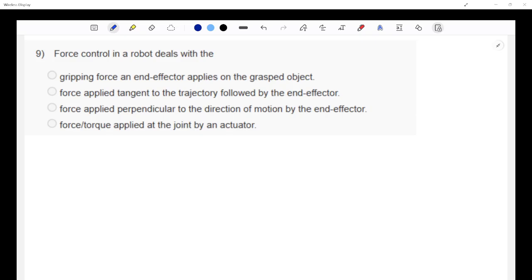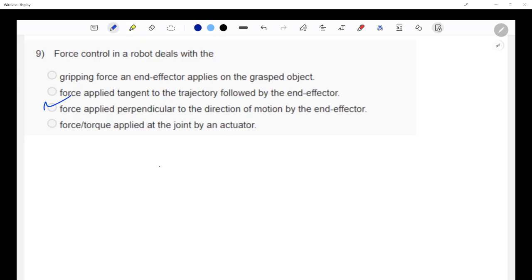Okay, so the fundamental idea: force control in a robot deals with, or when the robot is in contact with the environment, we want to control force, not position in that direction. Right? Force is controlled in the perpendicular direction, motion is controlled in the tangential direction. Okay, so the correct option here is force applied perpendicular to the direction of motion by the end effector.